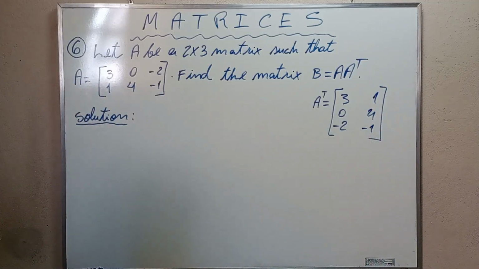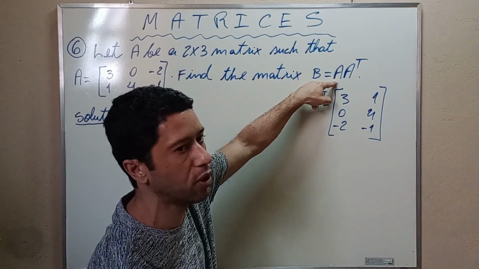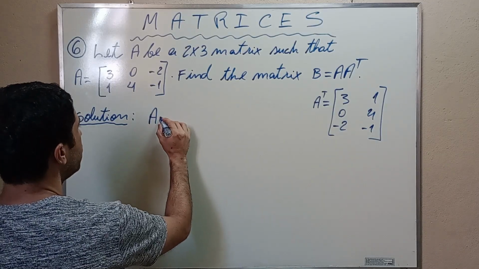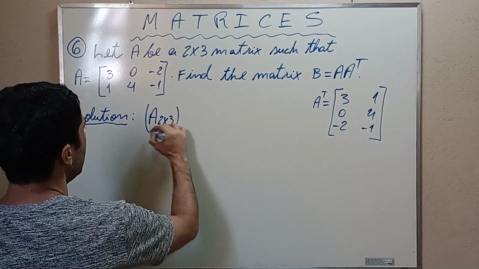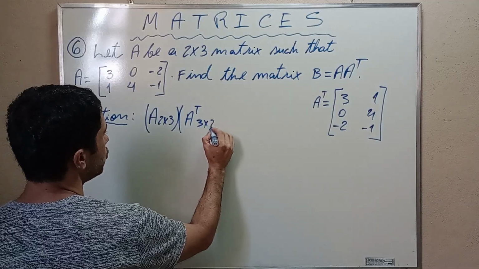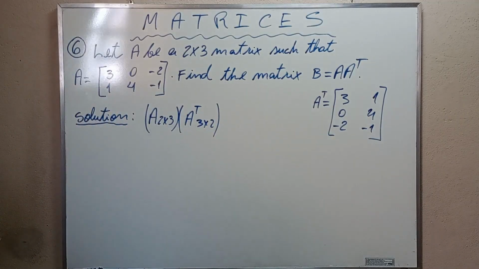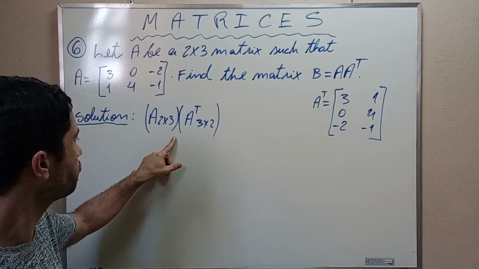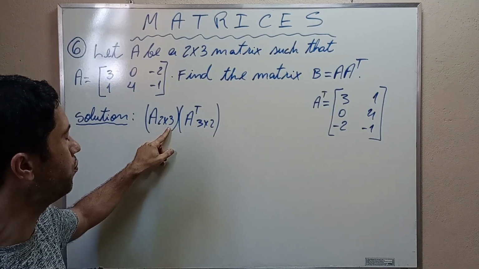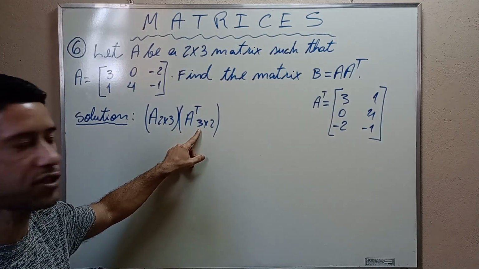Okay? Now that we have A and the transpose of A, we need to assess whether this product here is possible, alright? Observe that A is a 2 by 3 matrix and the transpose of A is a 3 by 2 matrix, okay? For this product to be possible, the number of columns of the first matrix has to be equal to the number of rows of the second matrix.